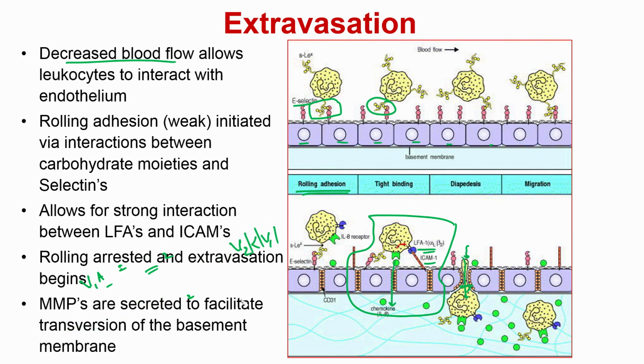MMPs are secreted to make it even leakier, and the basement membrane, which holds these endothelial cells, starts to degrade and becomes permeable.